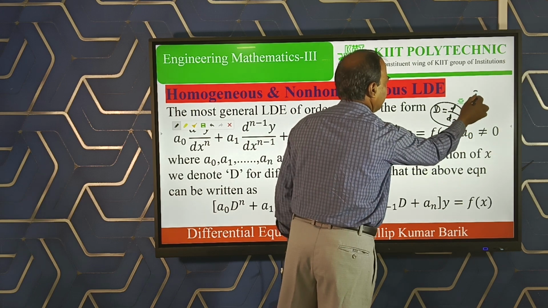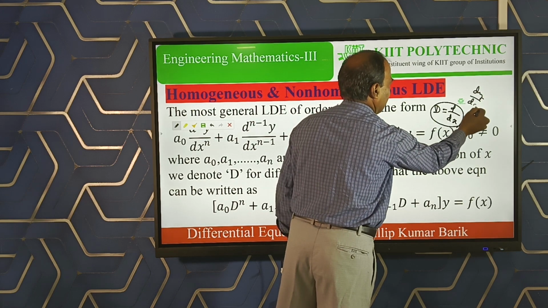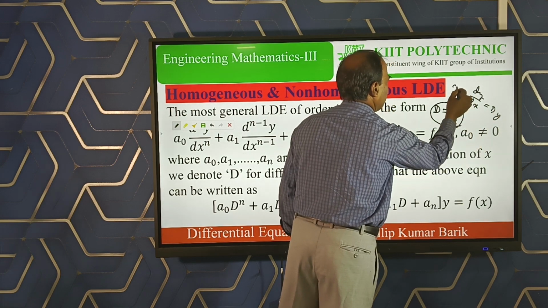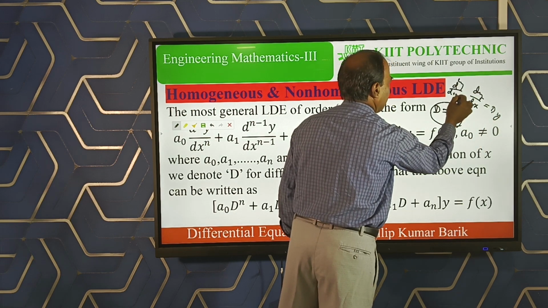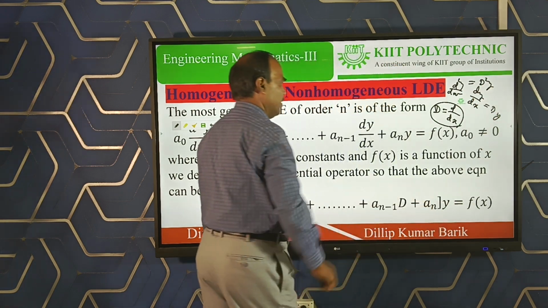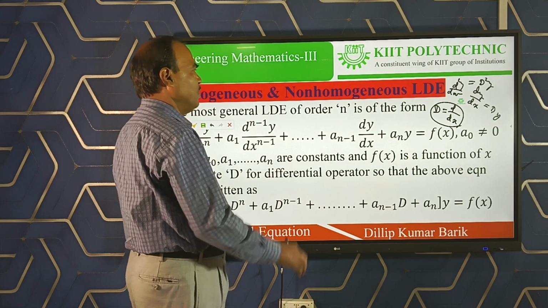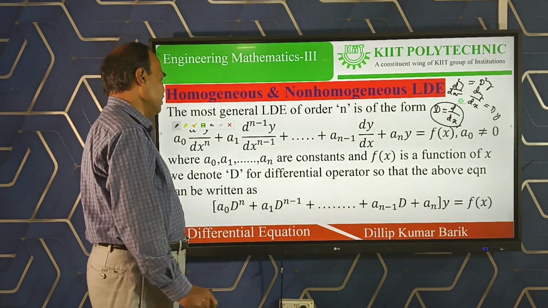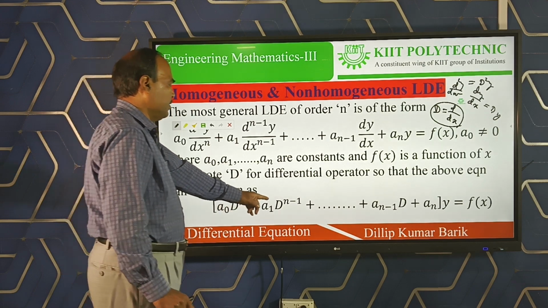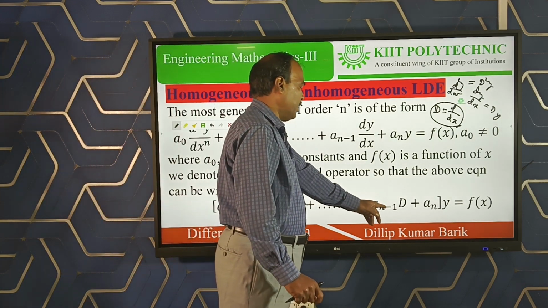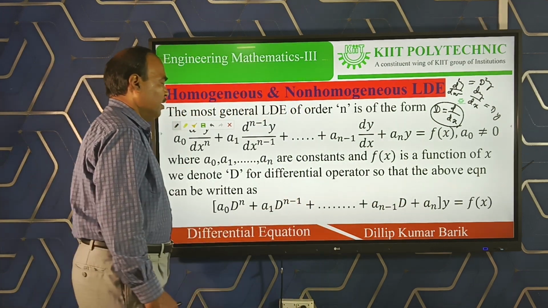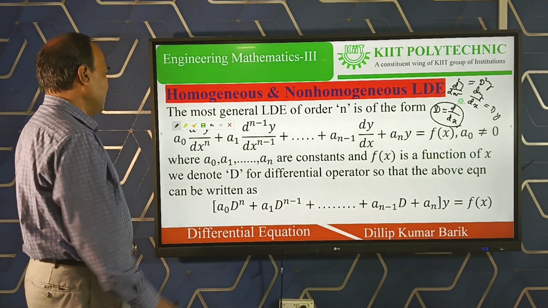That is, dy by dx will be D of y. Suppose d2y by dx square, it will be D square of y, and so on. Any derivative of second order, third order or nth order will be Dn plus Dn minus 1 up to an minus 1 D is equal to f(x). This is the notation of a differential equation.